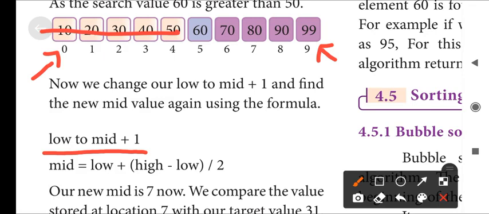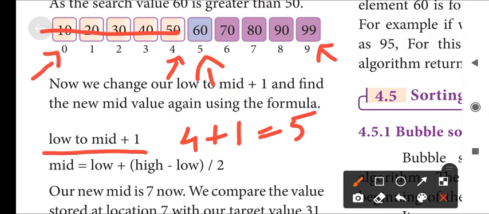To find the low value, the formula is mid plus 1. The mid value is 4 previously. Now 4 plus 1 is equal to 5, so this is the new low index. This is high, this is low.